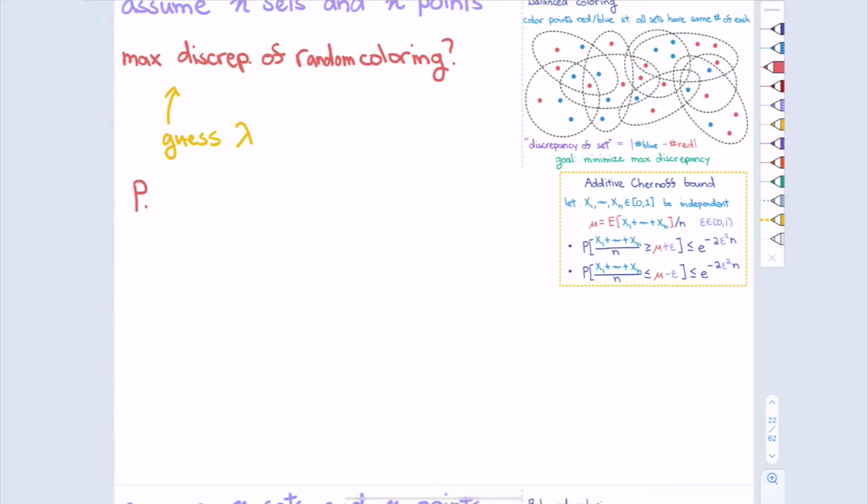So the probability that the discrepancy of a particular set, I'll call it Si, is bigger than lambda. Here's a good question for you. If I want to apply the additive Chernoff bound, I want to turn this into a numerical thing, whereas we've been talking about red and blue. So how might I model it?